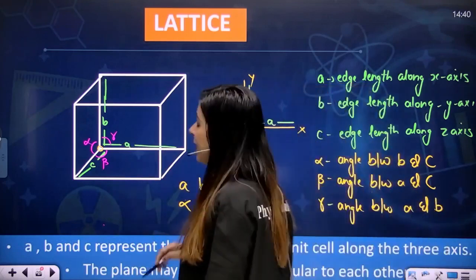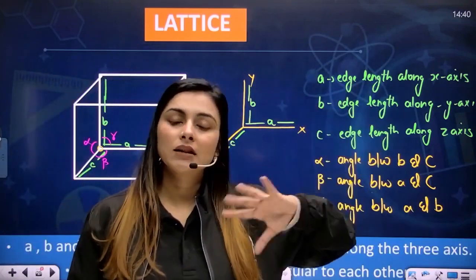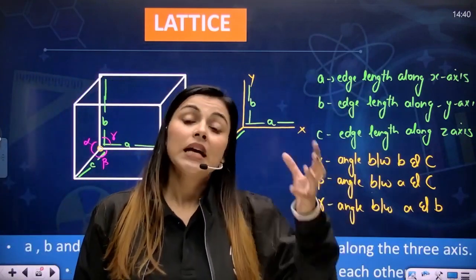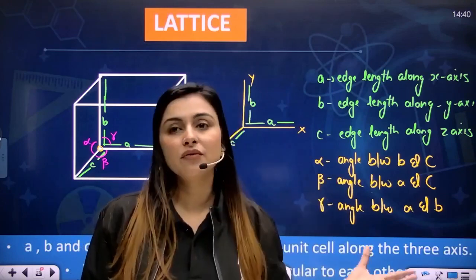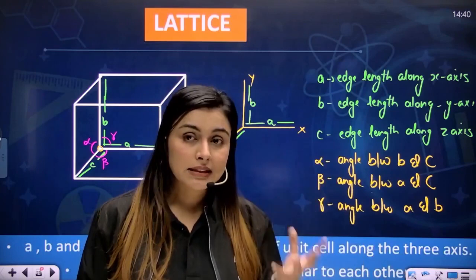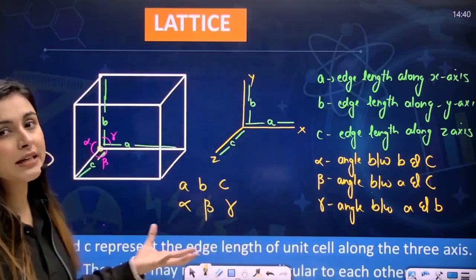Yes. So my dear students, A, B, C are the edge lengths. Alpha, beta, gamma are the angles between them. These 6 parameters together give us the complete information about a unit cell.